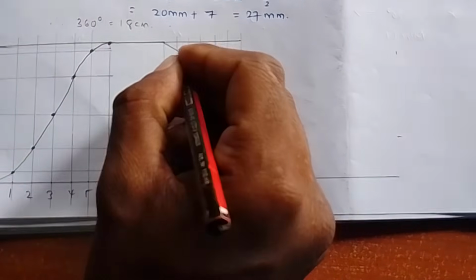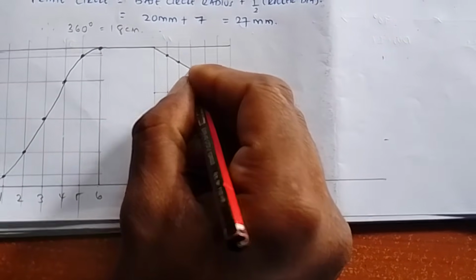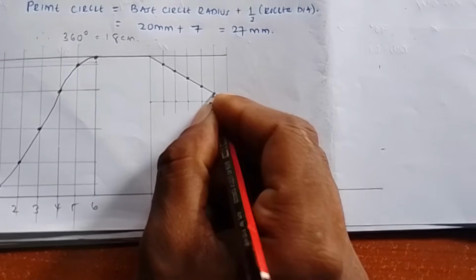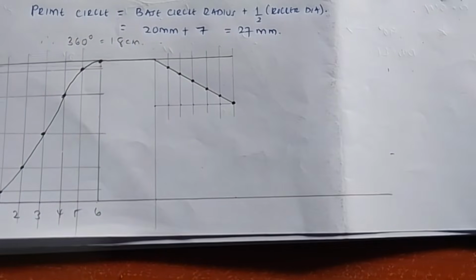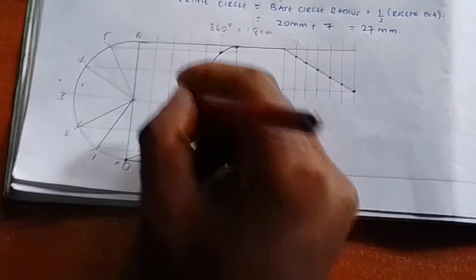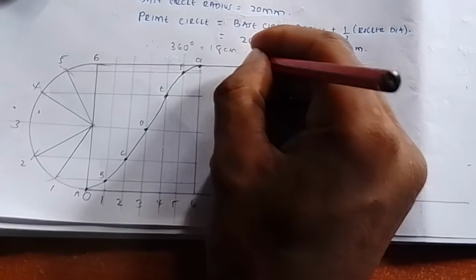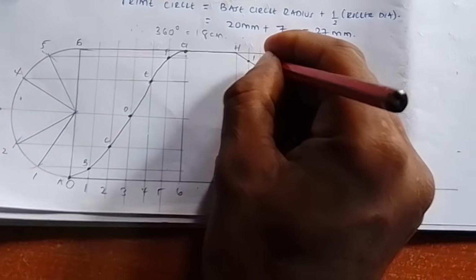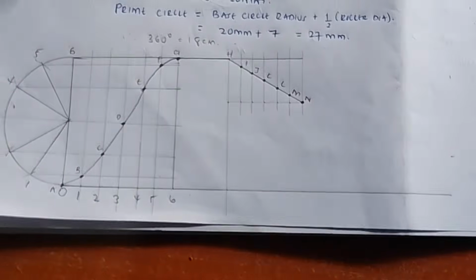Where they intersect with the lines, you make marks like that. You make a mark and make another mark. You see, that is very much simple. You can do it. You can name this A, B, C, D, E, F, G, H, I, J, K, L, M, N. So we have all those points.